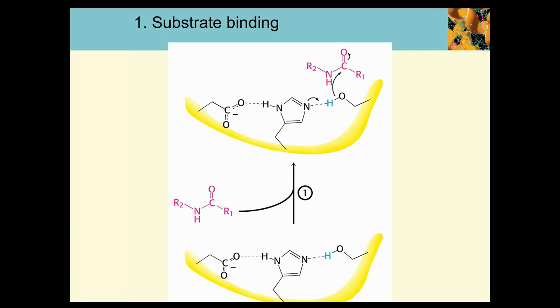Okay, so here's the first step. Here's our peptide chain that we want to split apart. One of the things we'll see later is that chymotrypsin is specific for cleaving where the R group is aromatic, so it's going to preferentially prefer, boy, that wasn't good.